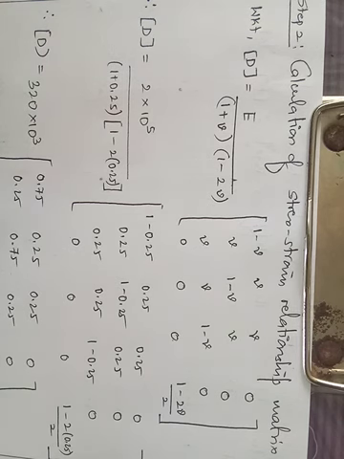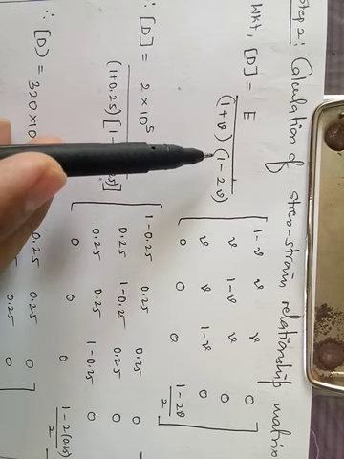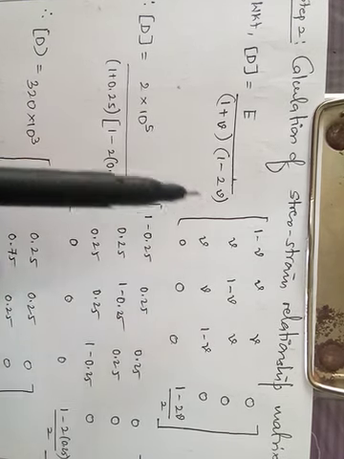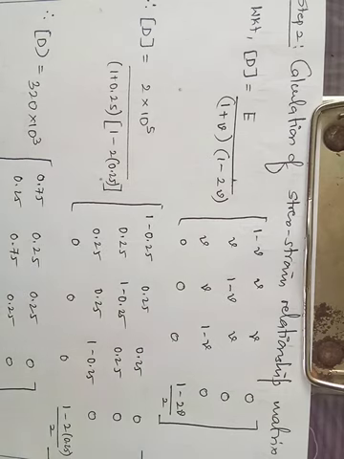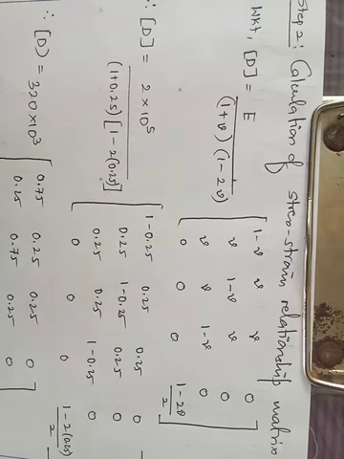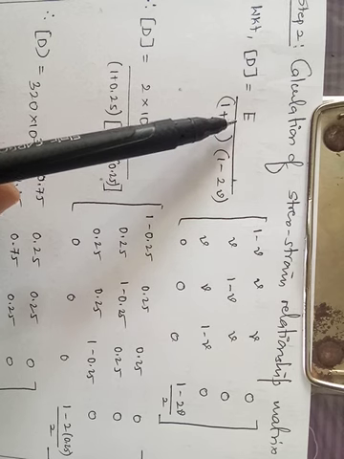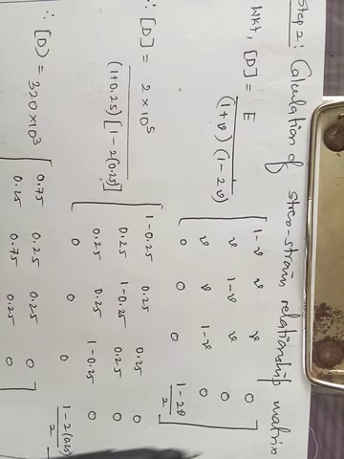Now it is given by D is equal to E divided by 1 plus nu into 1 minus 2 nu, and this is a 4 into 4 matrix. How we have got this, we have studied in our module 1, in stress strain relations, so I need not repeat it. I will just tell you that nu is Poisson's ratio in this, E is Young's modulus, so this is the stress strain relationship matrix. Right, so that is the D matrix.